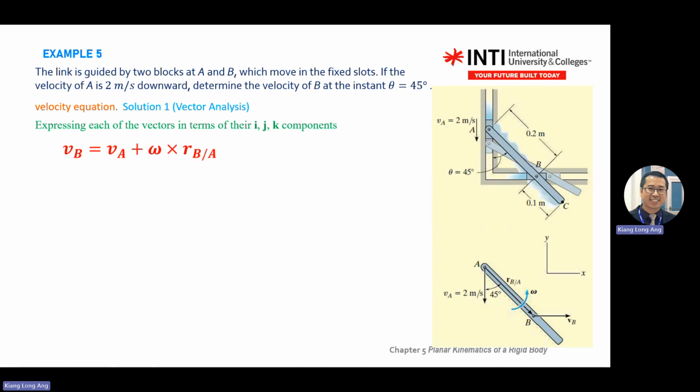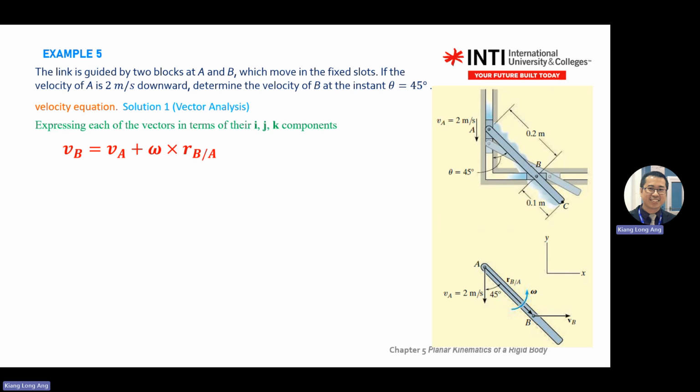There are two solutions. One is using vector analysis, whereas I think most of you don't like this method. When you use vector analysis, you need to write the i, j and k components, or you use V_B equal to V_A plus omega cross R_B/A. Okay, what is this?